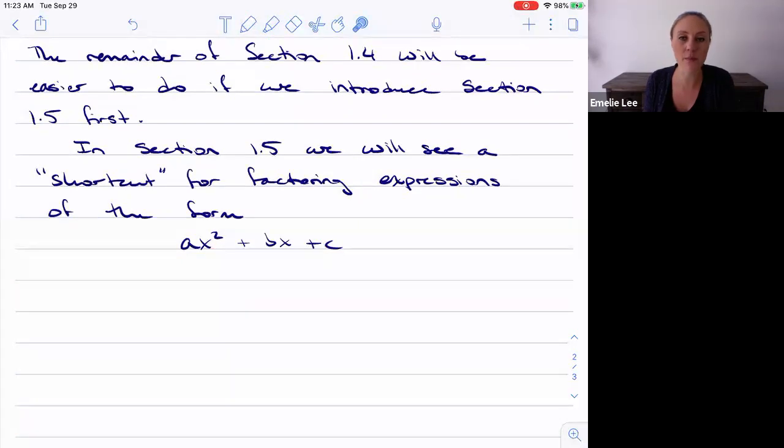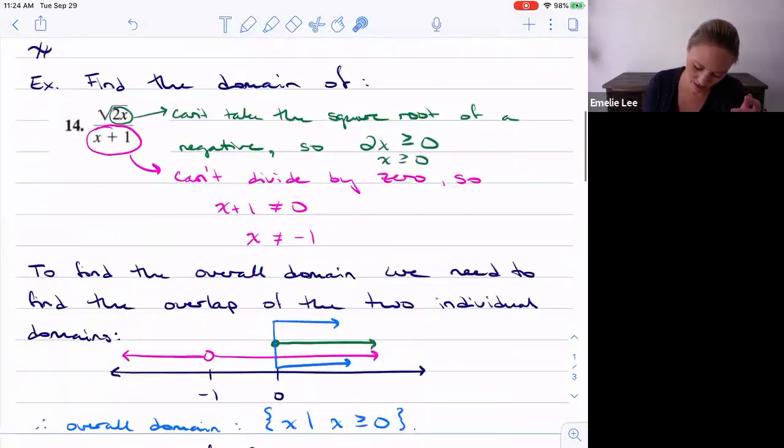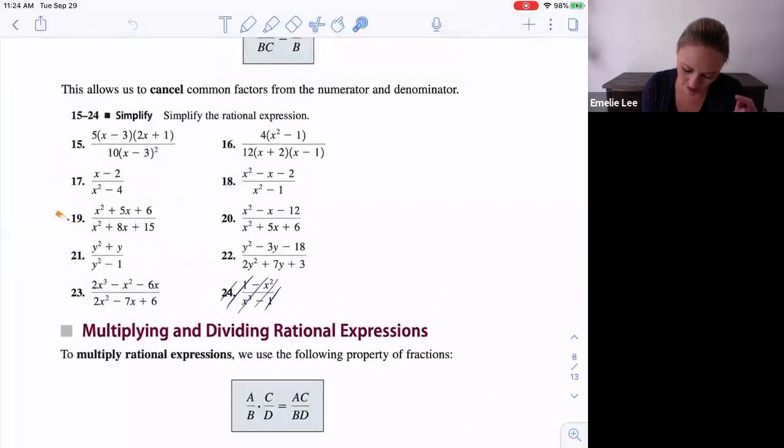So something times x squared, and that something can be 1, so then you just have x squared. And then bx, so something times x, and then plus a constant. So if you're starting to recognize this form, a lot of what's going on here is of that form. x squared minus 1 is also of that form if you let b be 0.